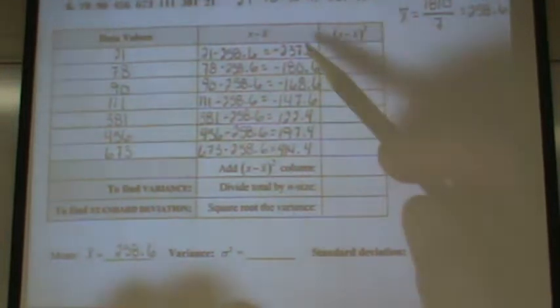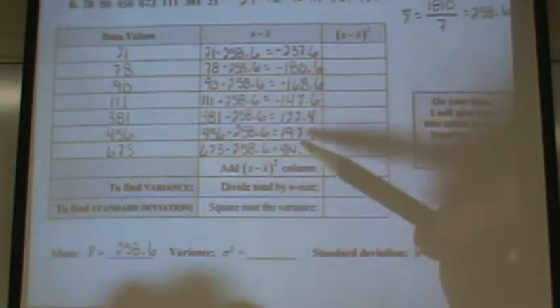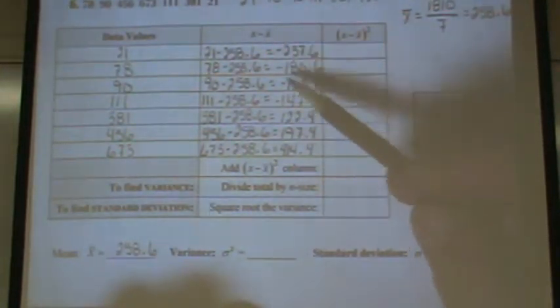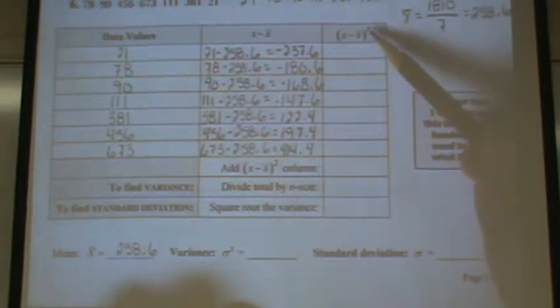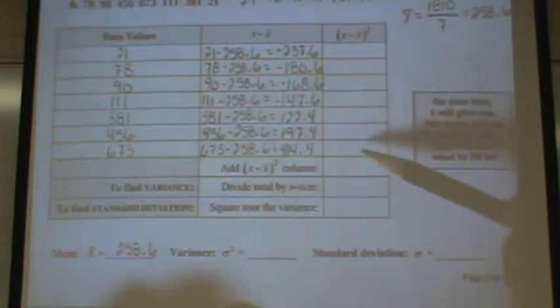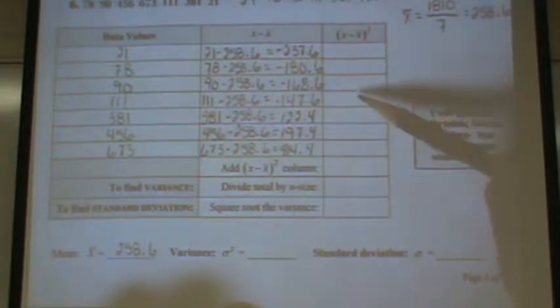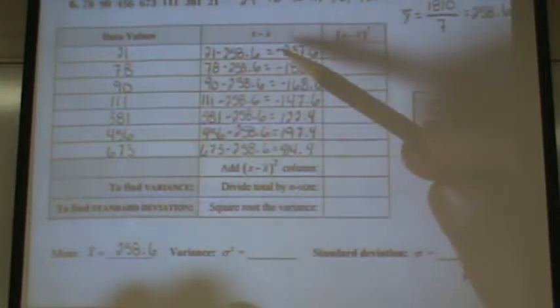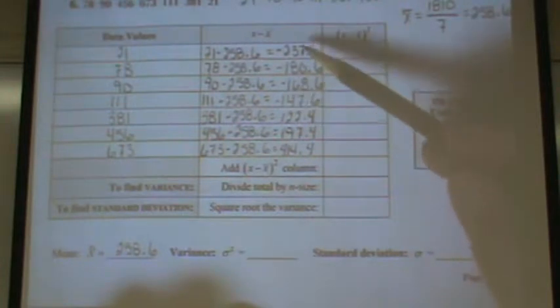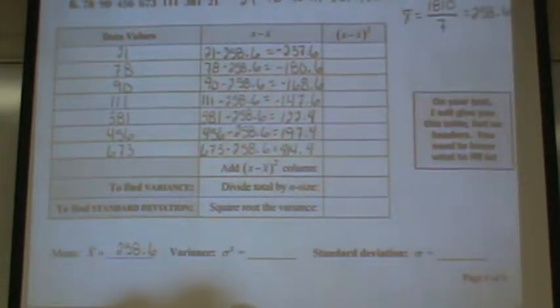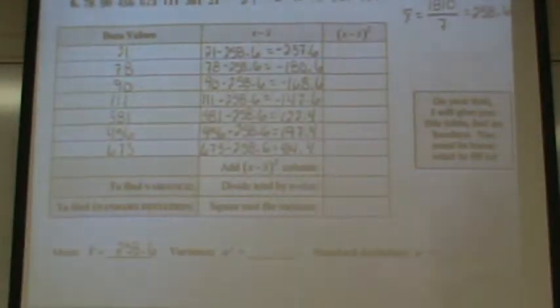So we're going to take these values, our x minus x bar values that we just found, and we're going to square them. Remember, in this third column, all of these values will be positive. So we can ignore those negative signs when we're squaring. So our first one, we're going to square is 237.6.